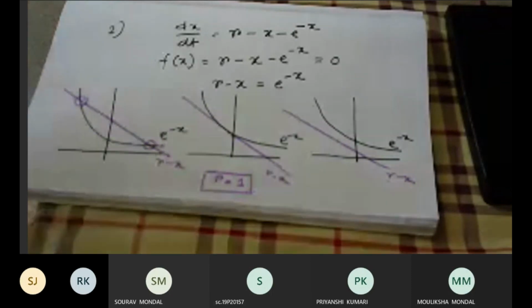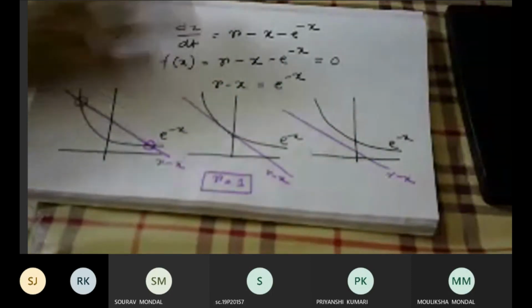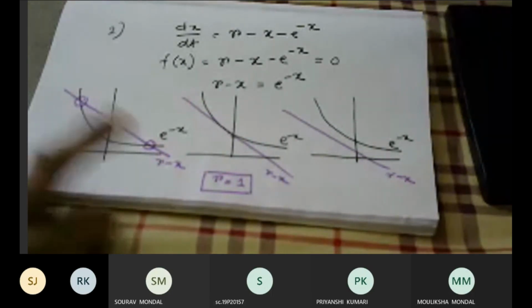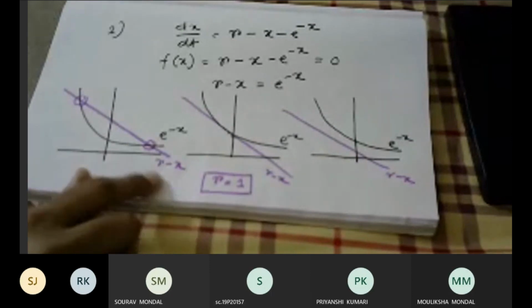There are several phenomena that you can model using this bifurcation. It is a very prevalent kind of bifurcation across different application areas. So get a flavor of it and try to solve this problem.